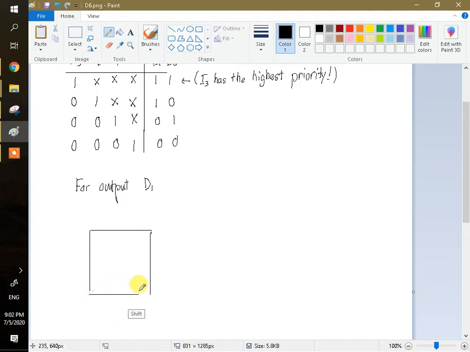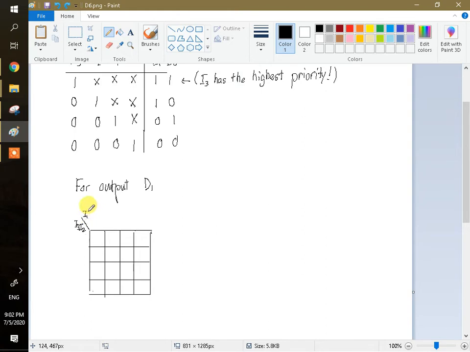Remember for the Karnaugh map, let me quickly finish this 16-square grid. Later we can copy it to the next one. So I3, I2, I1, I0, as you still remember from Digital One.